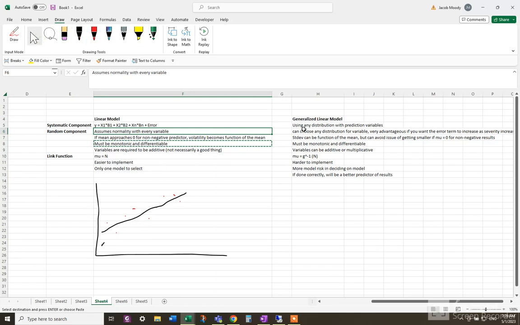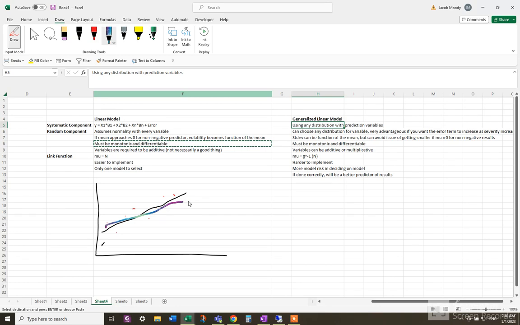And then for the generalized linear model, you can use any distribution with the prediction variables. So you can use, like, a gamma. This has its advantages. I'm going to draw this one in this rainbow color right here. It gets closer right here, and then it recognizes that it's a little bit further away from the error term there. It tries to centralize the prediction of the errors in the beginning, and then it gets a little bit further, which has its advantages in severity models.